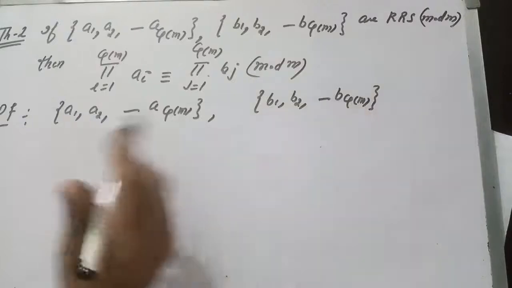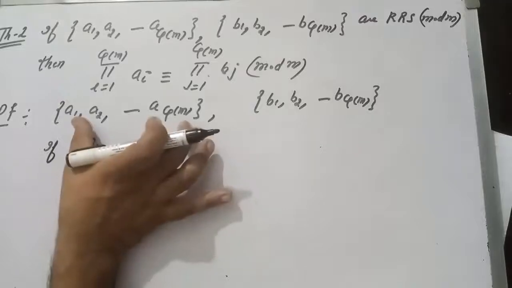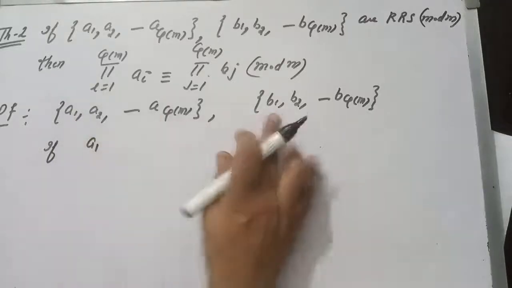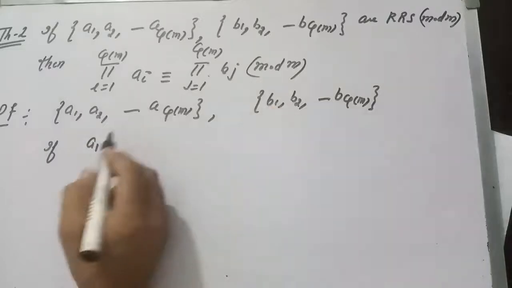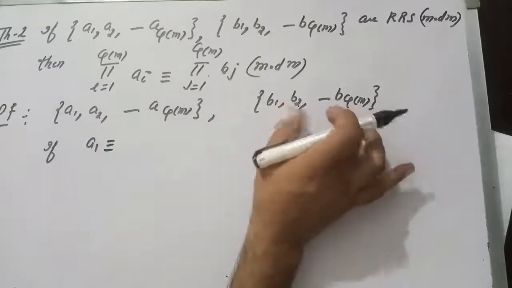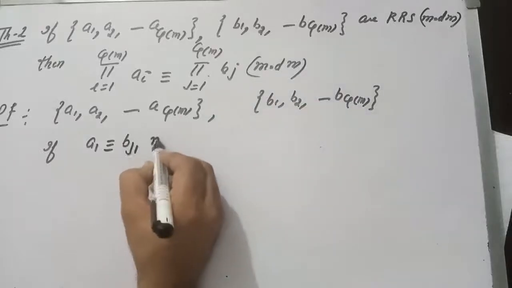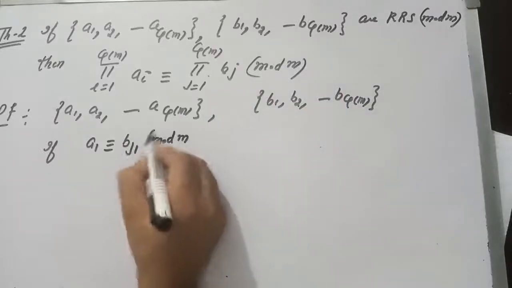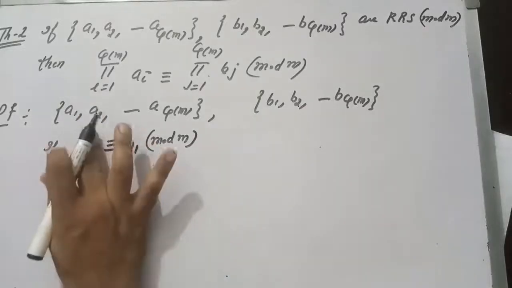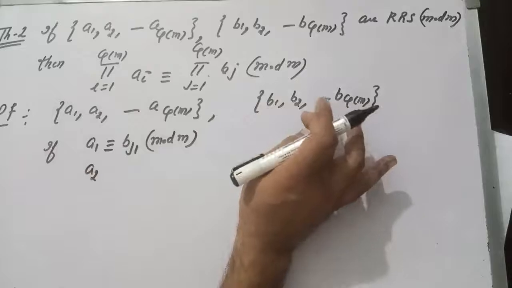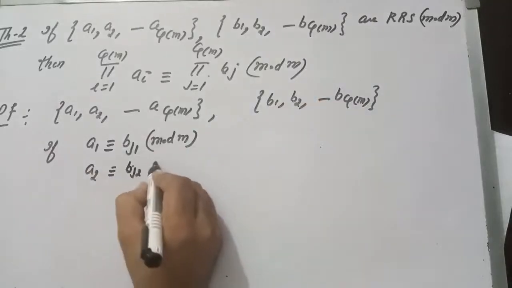So if A1 is chosen from this set, then A1 is congruent to exactly one element from the other set. Call this element Bj1 modulo M. Now choose A2. A2 is exactly congruent to one element from the set. Call that element Bj2.